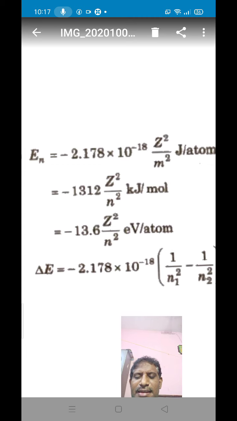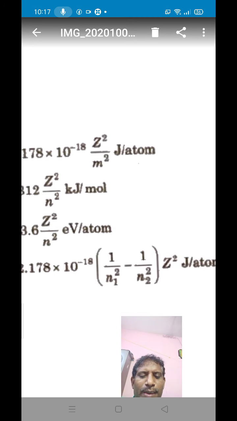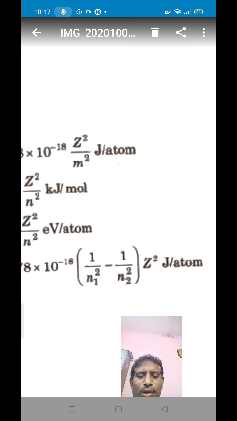The energy difference delta E is equal to minus 2.178 into 10 to the power minus 18 into 1 by n1 square minus 1 by n2 square into Z square joules per atom.